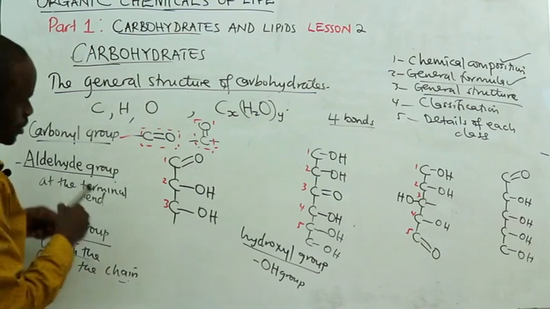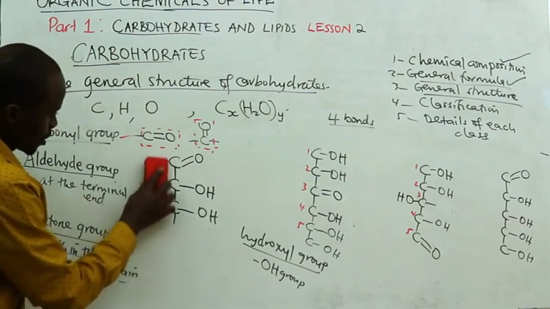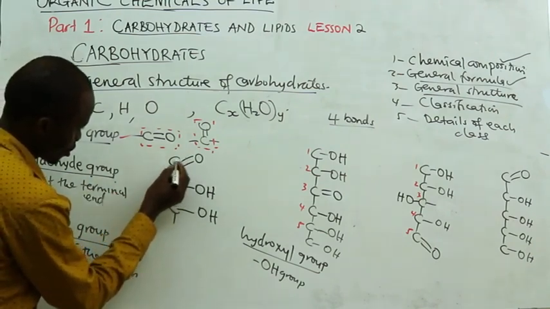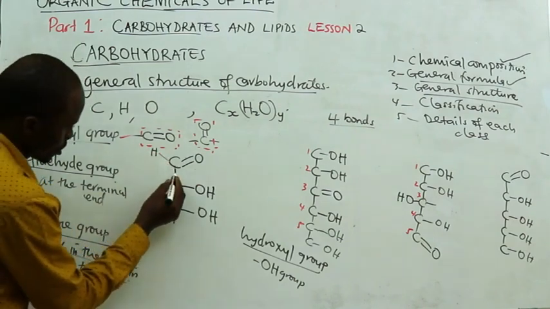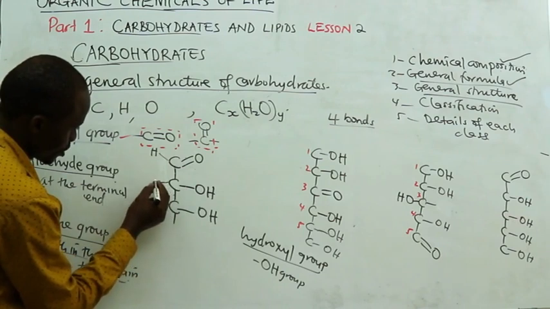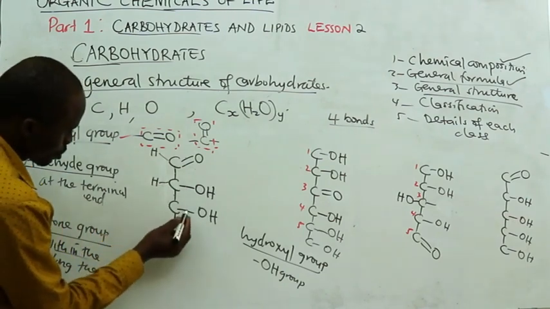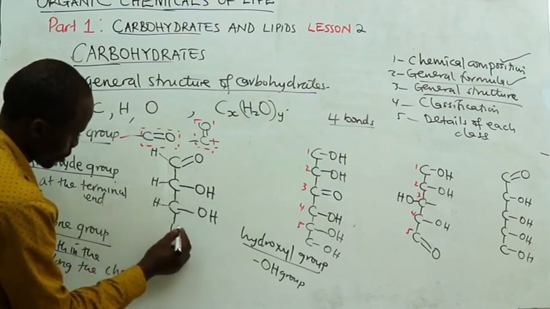For example, here, if I look at this one, it has 1, 2, 3, so it is just missing 1 bond. I put it there. If I look at this, 1, 2, 3, it is just missing 1 bond. I put hydrogen atoms there, hydrogen atom here, hydrogen atom here.